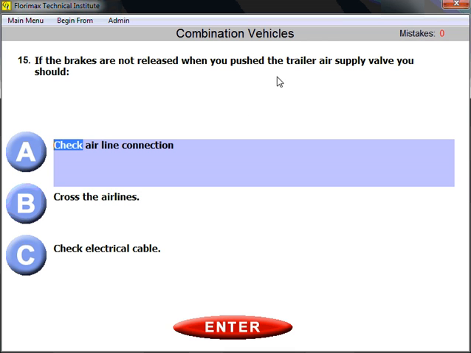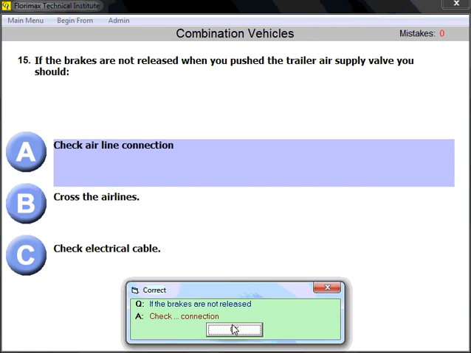Even if you don't know what the trailer air supply valve is, it's something with the air. So if it's not released, something is wrong. Trailer air supply valve, check airline connections. No, you don't cross them. Check first. Don't check electrical connection.